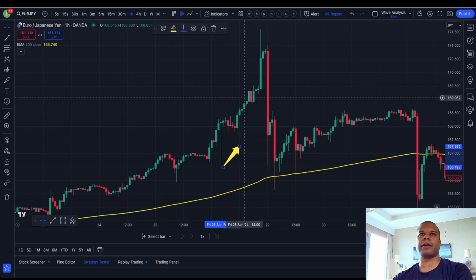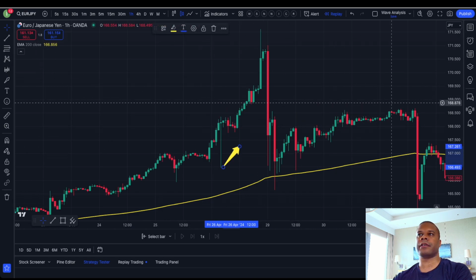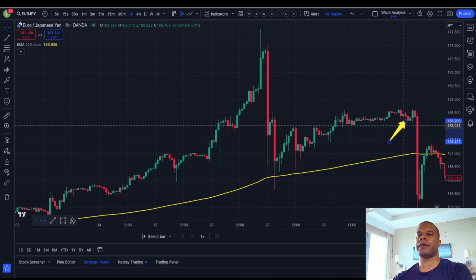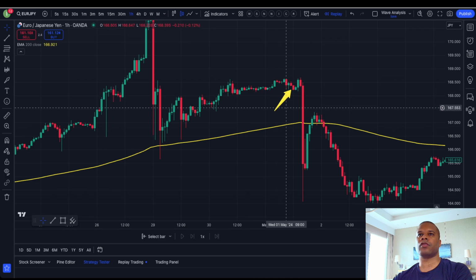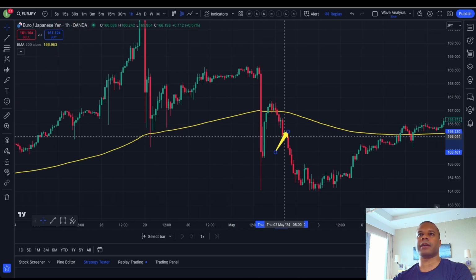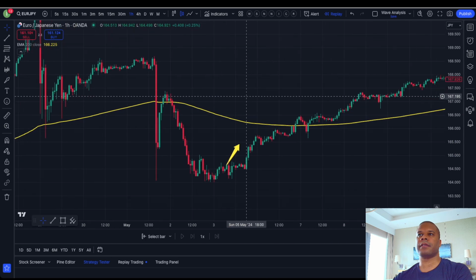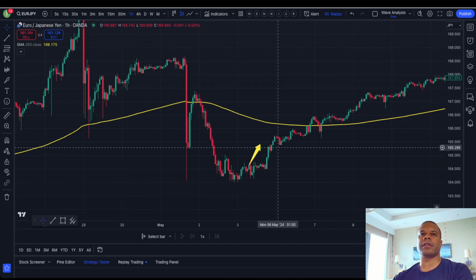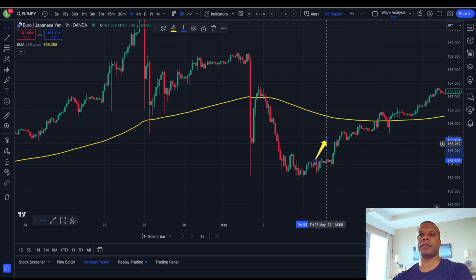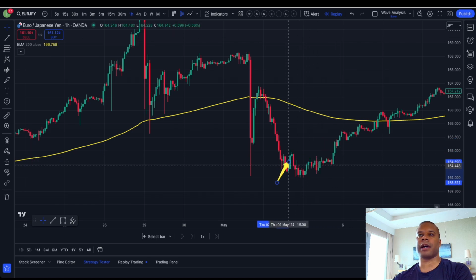So we could have said, okay, well, it's gonna test a level, and then you can see it tested this support level here, and then the market dropped, or we see structure shift, and the market continued down until there was a shift back of structure, right here on a smaller time frame.